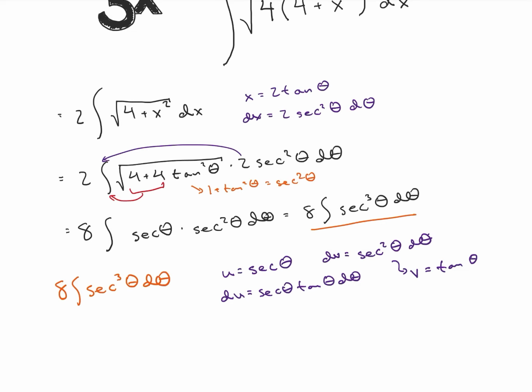This expression is going to be equal to 8 secant theta tangent theta, minus, sorry, minus 8 times the integral of v du, which is going to be secant theta times tangent theta, and that tangent theta is going to be squared because I'm multiplying v times du d theta.